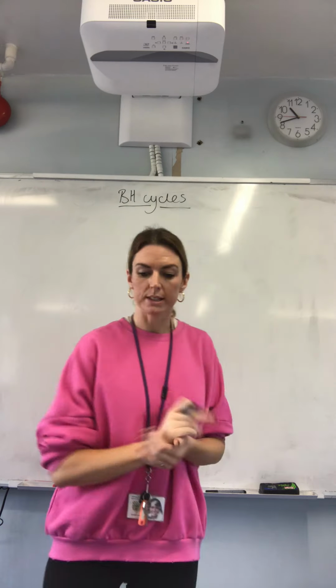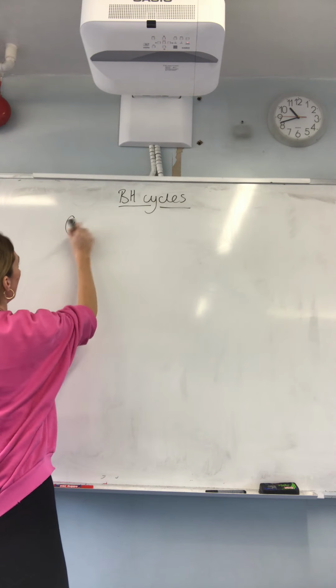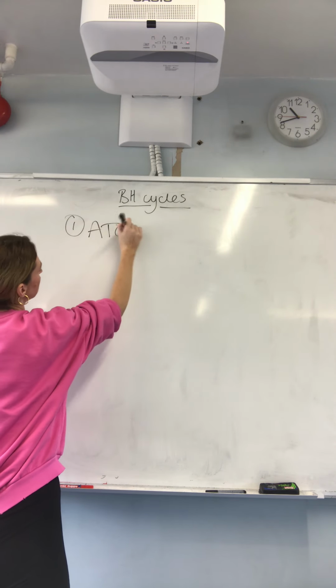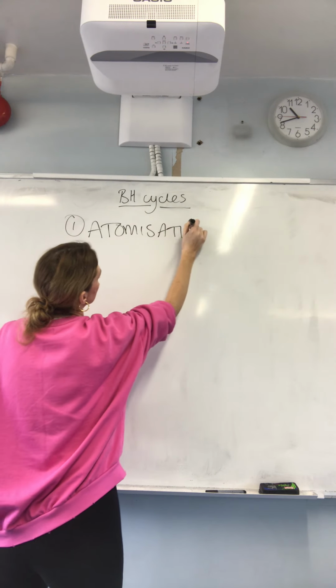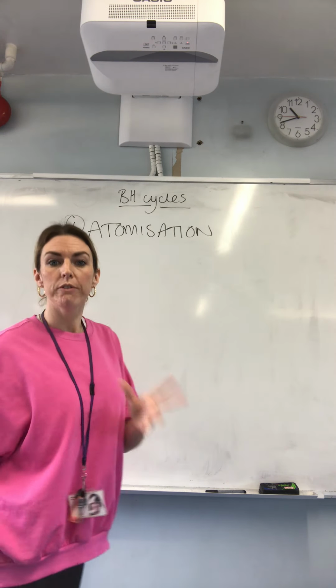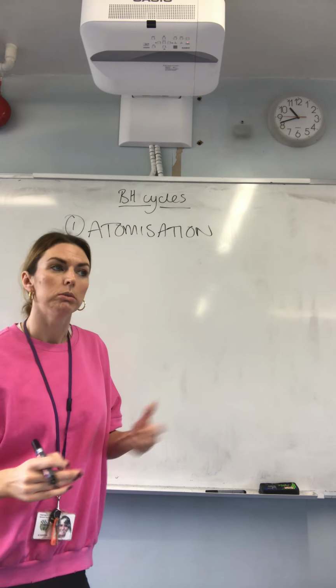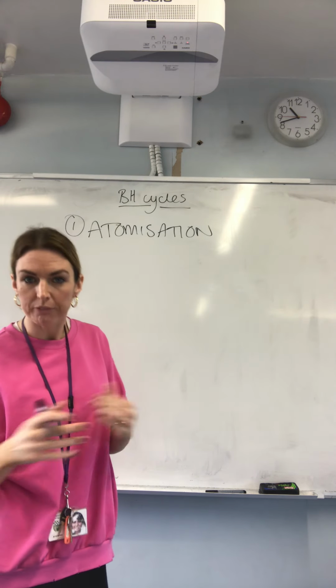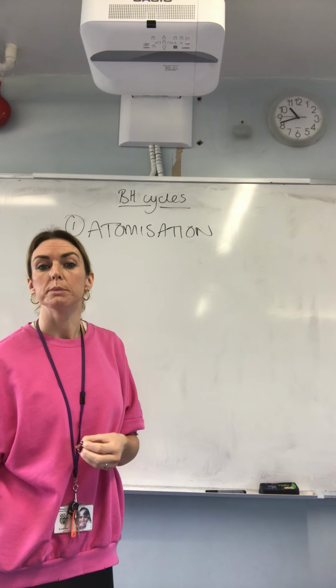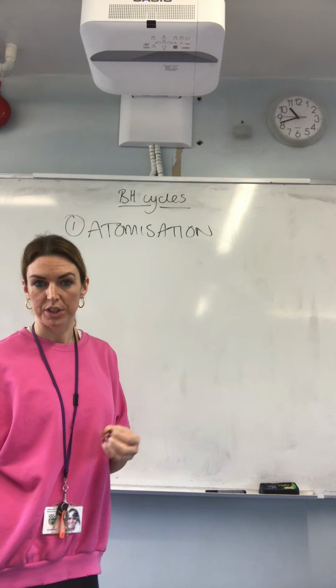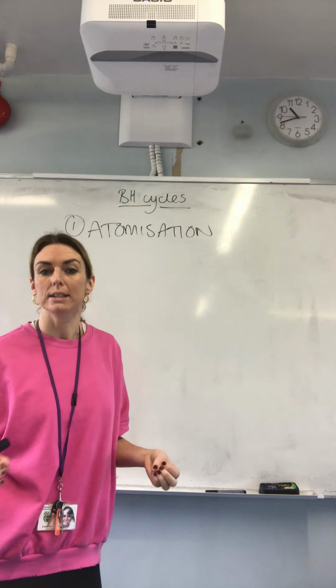So, processes involved first of all are atomization. When we form our ionic compound, we're forming it from, well, not atoms, actually gaseous ions, but before we can turn our atoms into ions, we need to make sure that everything exists as a gaseous atom.